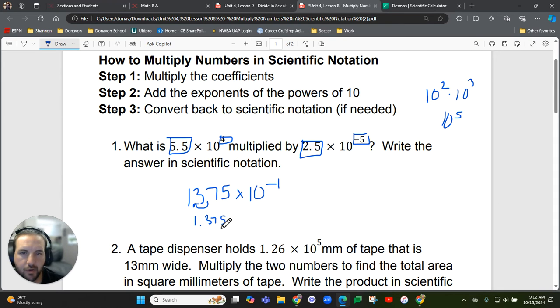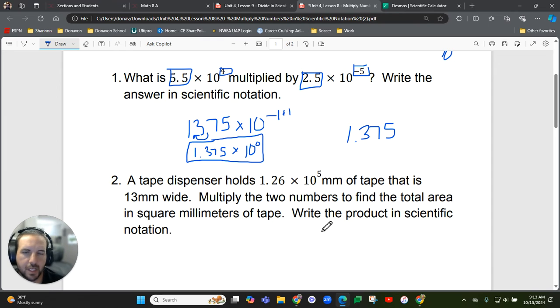Since we took away a power of 10 from the coefficient, we have to add a power of 10 to the exponent, so negative 1 plus 1 gives times 10 to the 0 power, which is literally just 1. So the answer is really just 1.375, because anything to the 0 power is 1.